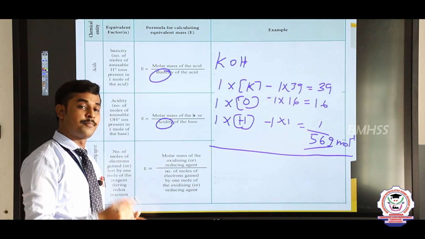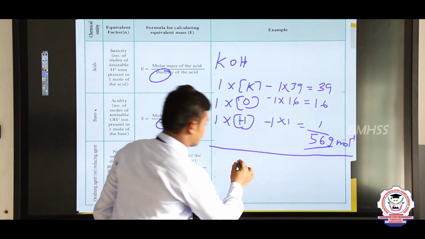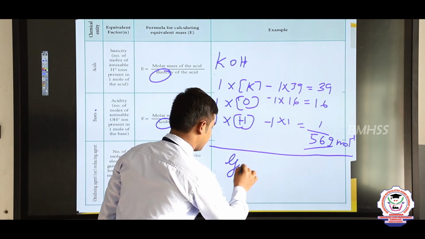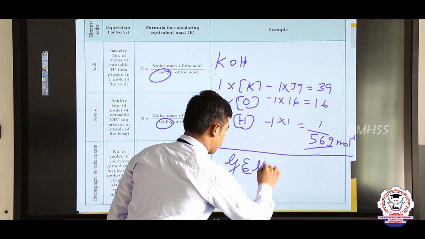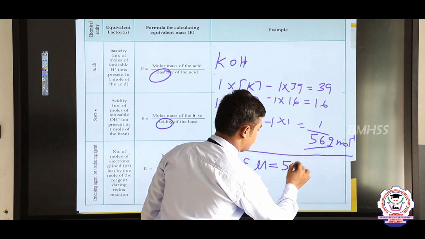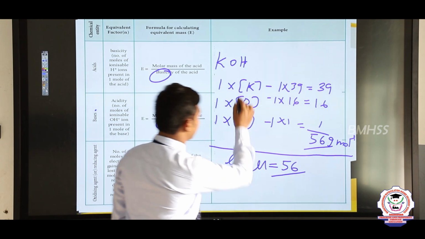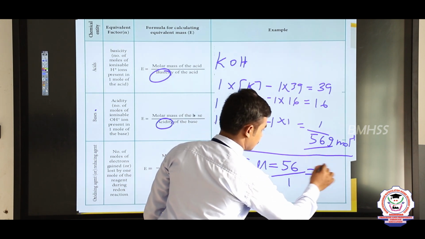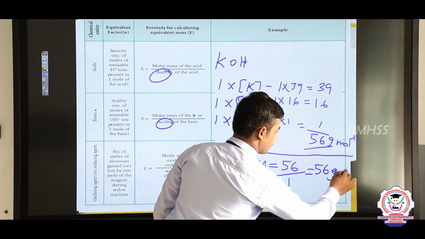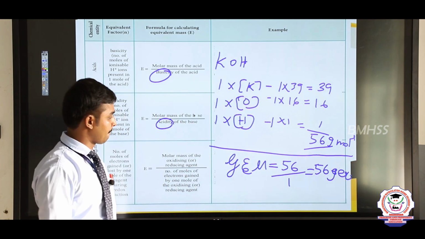We need to say it oppositely, and the bases have the acidity. So, the gram equivalent mass of potassium hydroxide is 56 divided by the number of OH minus ions, 1. So, the answer is 56 gram equivalent inverse. That's all.